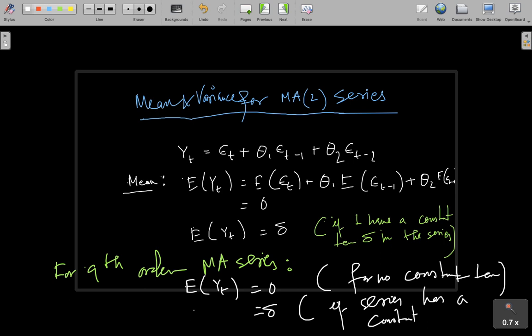So you note that it doesn't matter which order you take, it's always going to be delta if we have a constant term delta.